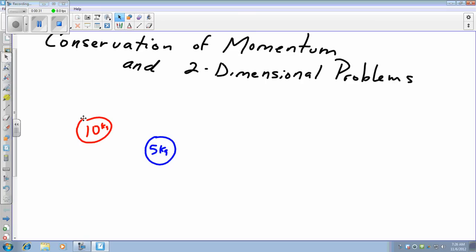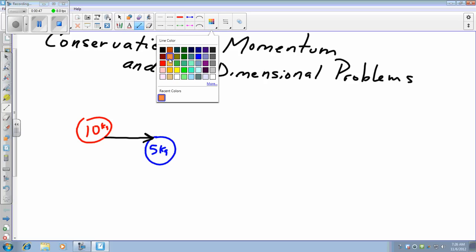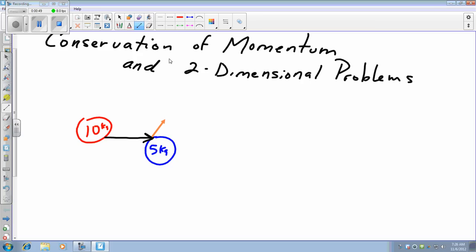And this 10 kilogram ball is traveling in a straight line, and it's going to make contact at the top portion of this 5 kilogram ball. And let's say that we know that after they collide, the 10 kilogram ball is going to go off at a 30-degree angle.